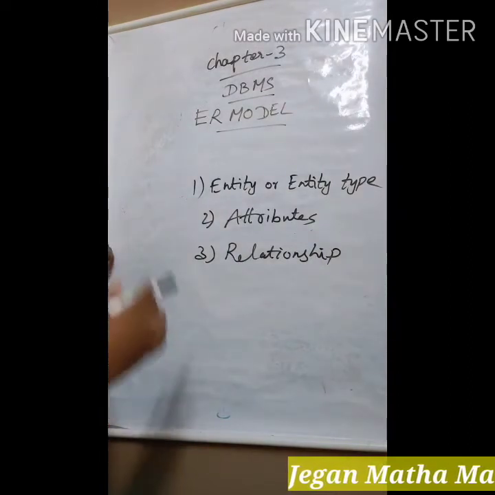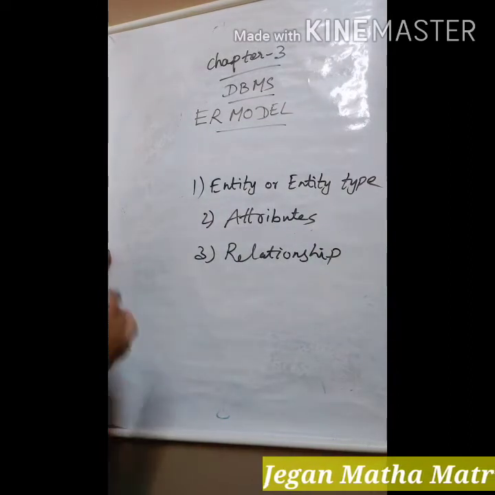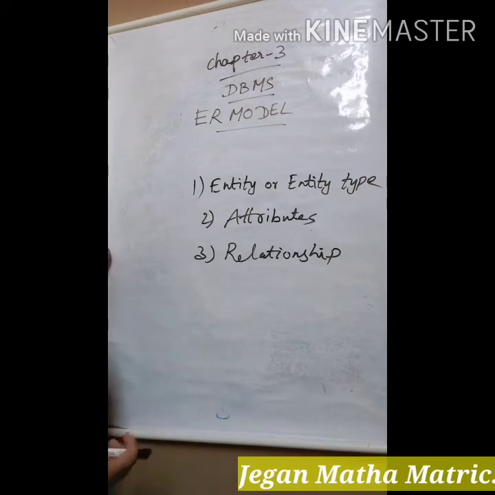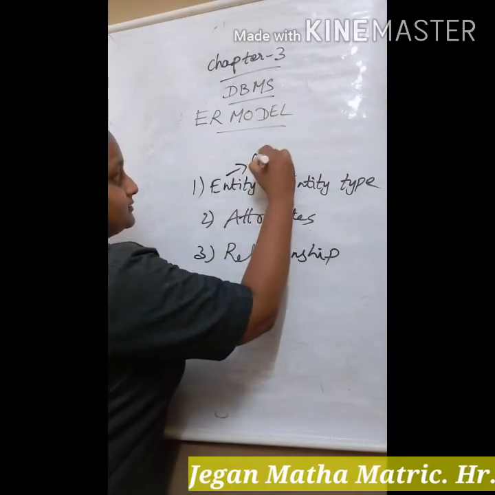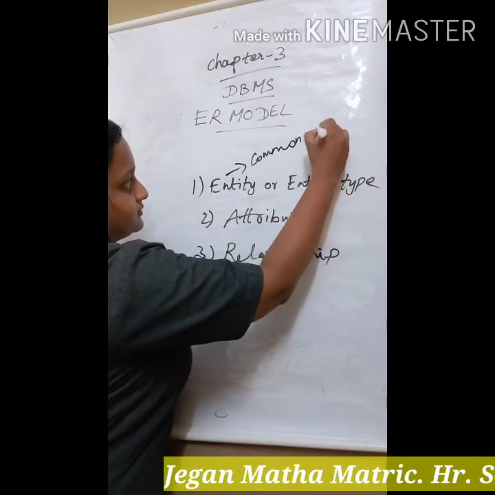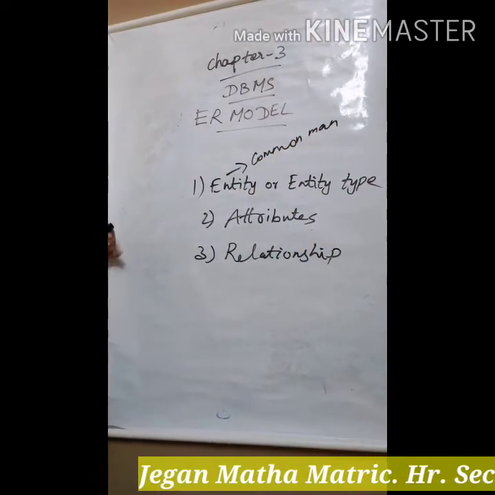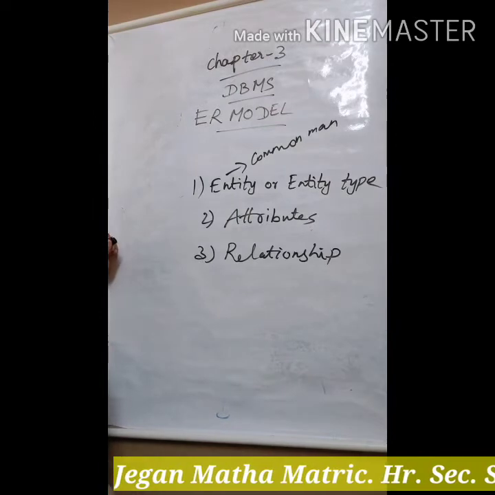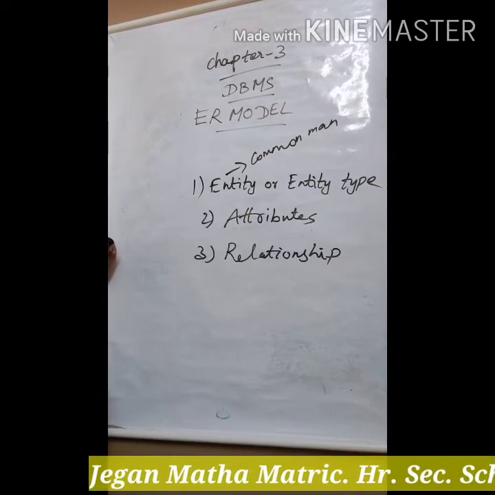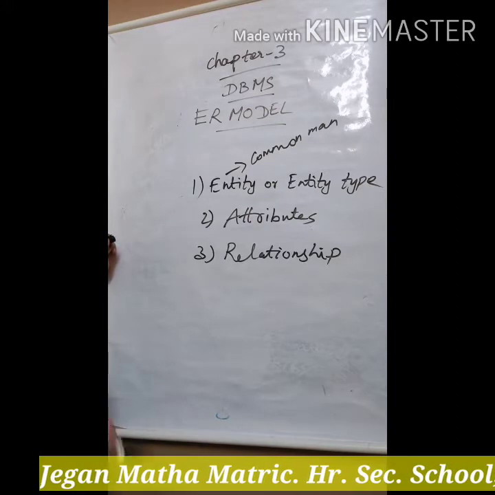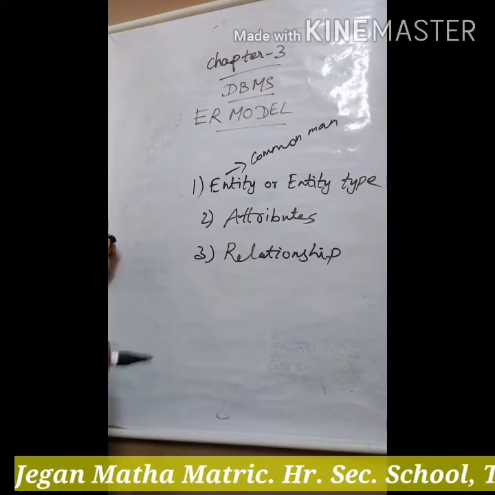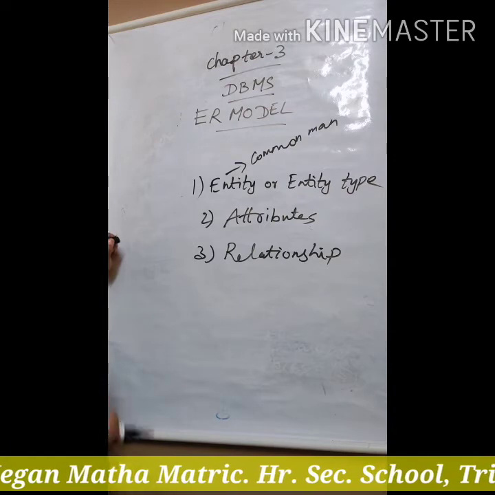Here an entity can be anything, a real world object or animation, which is easily identified by a common man. For example, in a company's database, employee, HR and manager are considered as entities, where each of these entities will have their own attributes.